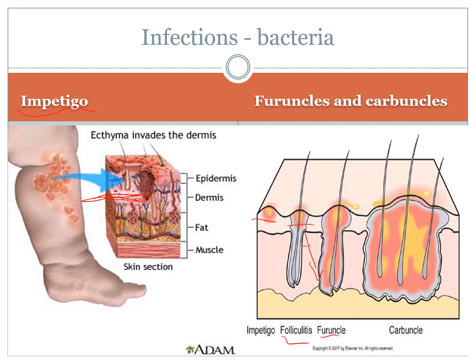It also affects more the elderly and the diabetics. So as the infection spreads through the hair follicles, to change from a furuncle to a carbuncle, it's just the involvement of greater tissue and affecting more hair follicles itself. You get localized inflammation of the area as well.